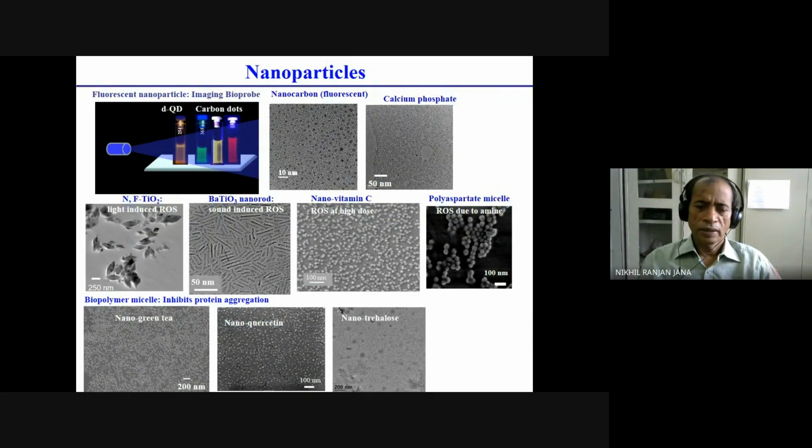Nano green tea. The green tea has some ingredient chemicals. You can convert these chemicals into nanoparticle form of green tea and use them for different applications here. For example, inhibiting protein aggregations which are linked to Alzheimer's or Huntington's.